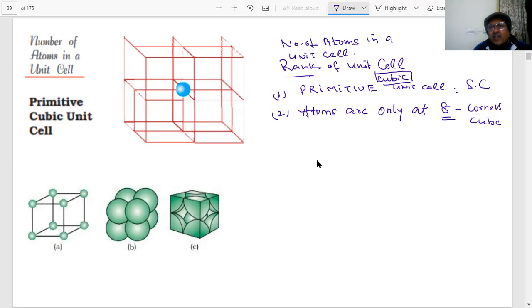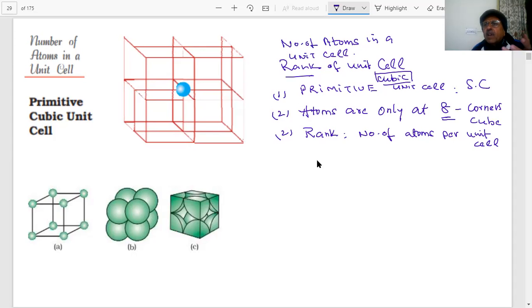What do you mean by rank, student? It is the number of atoms per unit cell. Atoms we are taking as hard spheres.